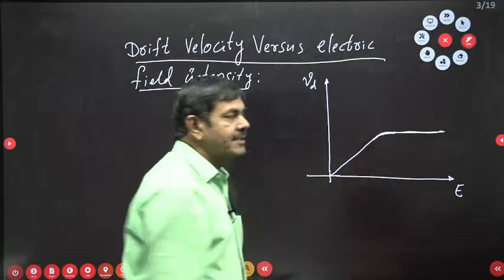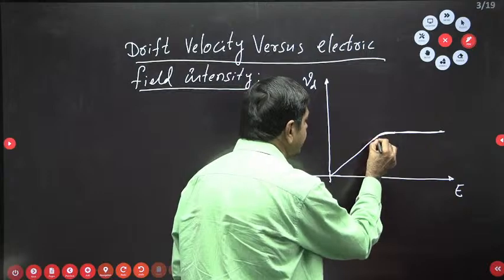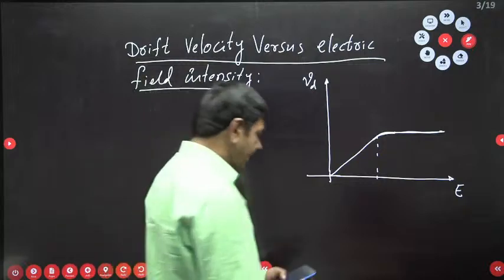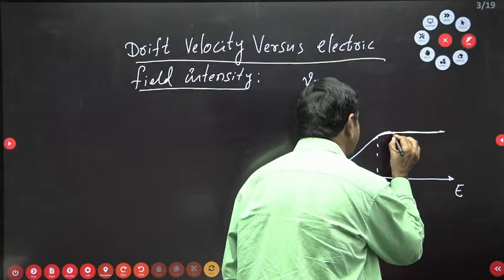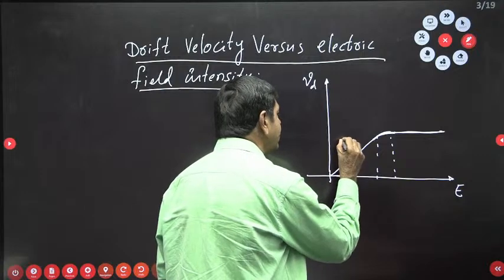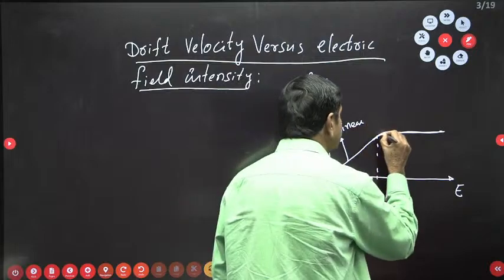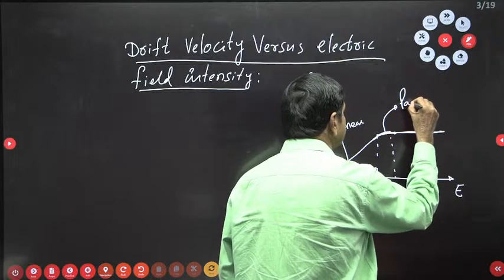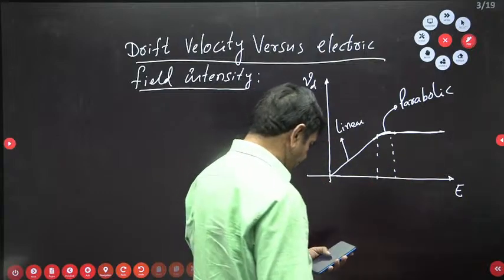That means up to some portion you can find a linear curve, then after you can find a slightly parabolic shape up to this extent. This portion is linear, but from here to here you can find parabolic.